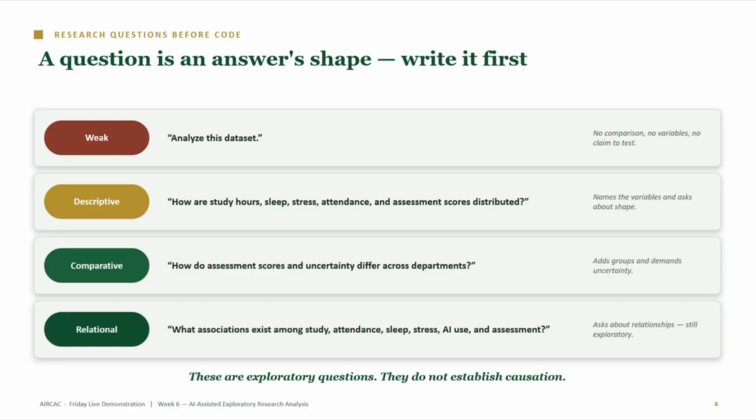So we need to be very descriptive: how are study hours, sleep, stress, attendance, and assessment scores related? This is what we want to do, and how we want to compare this data. This is also very important.